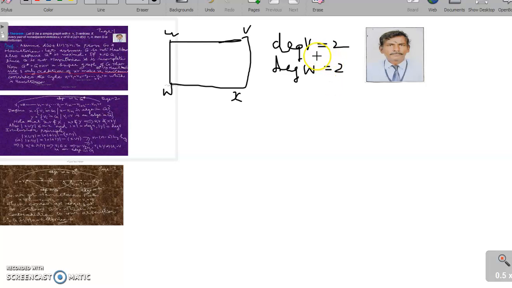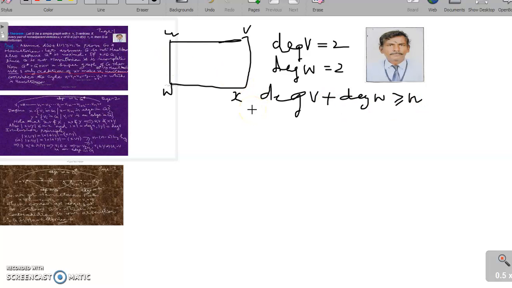Now what I am doing, I am adding these two. That is, degree of V plus degree of W is greater than or equal to n, where n is the total number of vertices in any graph.